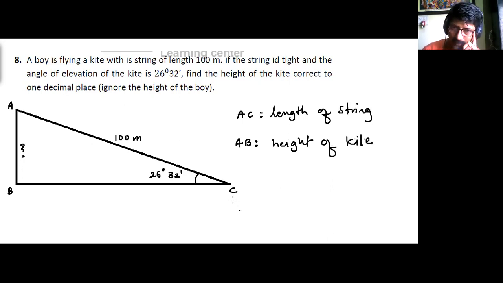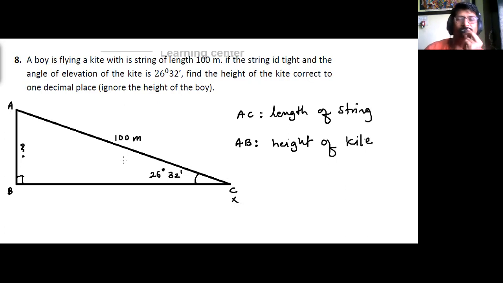And this is the place from where the boy is trying to fly this kite. Are you getting it? And of course, the height is considered as perpendicular. If the string is tight, that means there is nothing like it's falling down somewhere. So that condition is true.